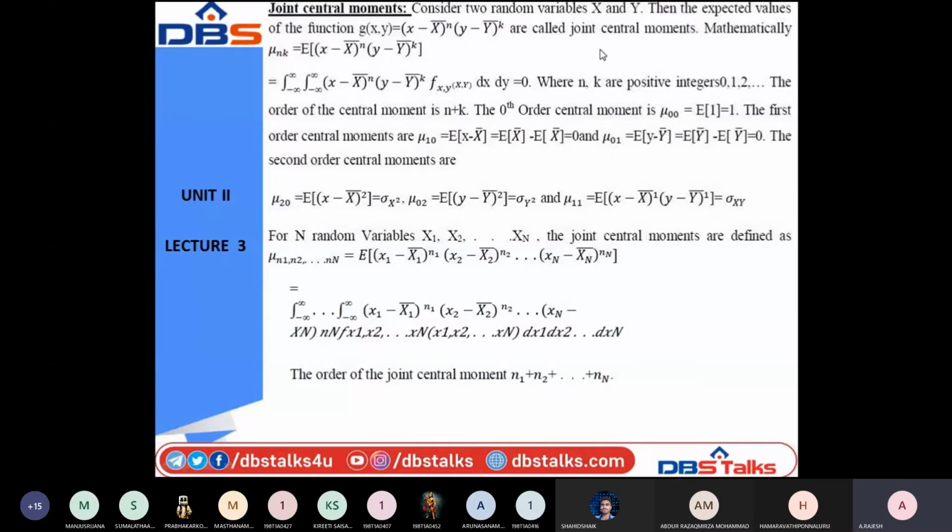And we are going to mathematically represent that as mu n k is equal to the expected value of (small x minus capital X complement) whole to the power of n into (small y minus capital Y complement) whole to the power of k, which can be represented as the integral from minus infinity to infinity for x and the integral from minus infinity to infinity for y of (x minus X complement)^n (y minus Y complement)^k f_XY(x,y) dx dy.